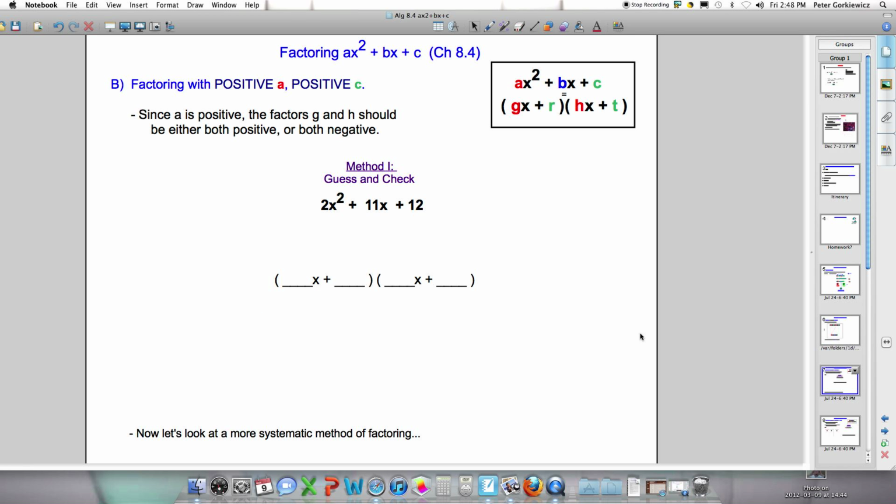Now, the one way to do it is called the guess and check method. Very scientific, I know. But basically, what we're trying to find out is what can we put in here, here, and here, right? We know how to find these last terms, right? It's a product of 12, so it's either 1 and 12, or it's 2 and 6, or it's 3 and 4, right?